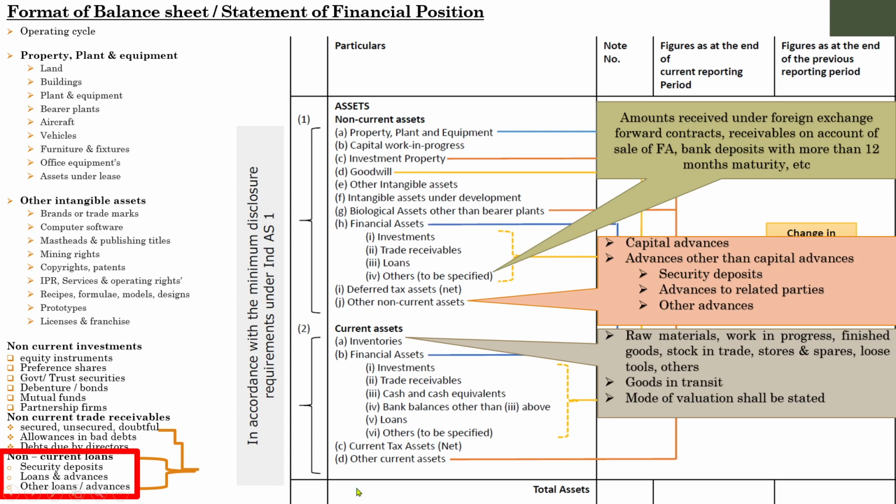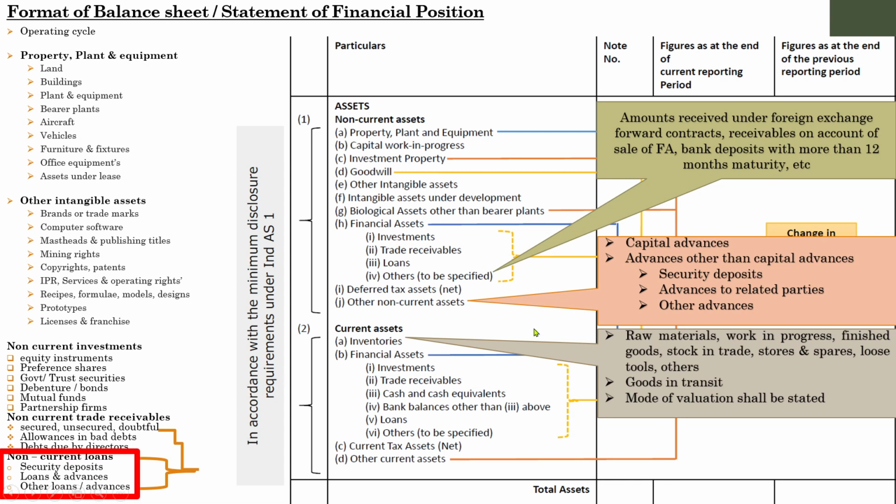In some texts you may see that after cash and cash equivalents there will be current loans. Instead we can use simply the term loans. And bank balances: sometimes in the text they may not show bank balance because cash and cash equivalents includes bank, but it is better to show separately the cash balance and the bank balance, and other financial assets. So these are the items that come under the financial assets. We will discuss in detail each of these.